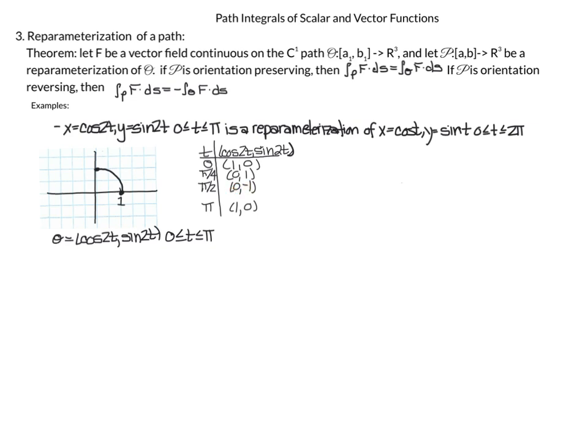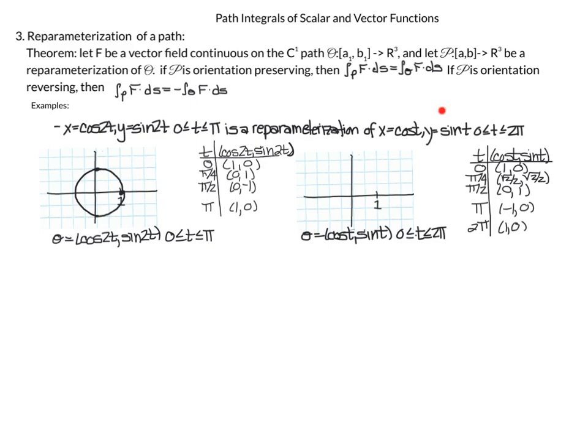Where's 0, negative 1? It's way over here. And then finally, at t equals pi, we're going to have cosine 2 pi and sine of 2 pi, which is just 1, 0. So you can see between t equals 0 to pi, we've traversed the entire circle.